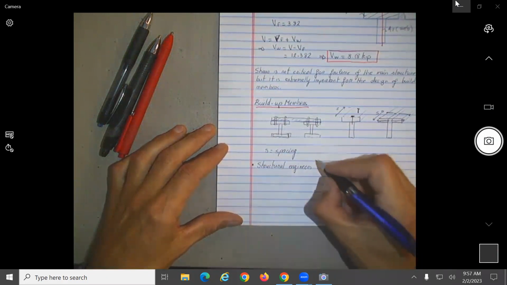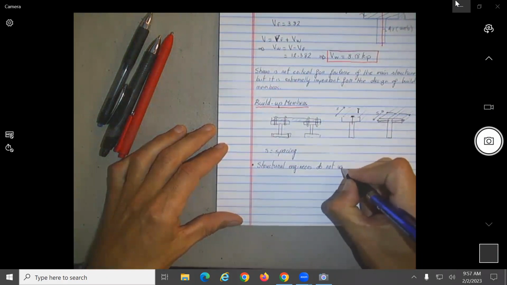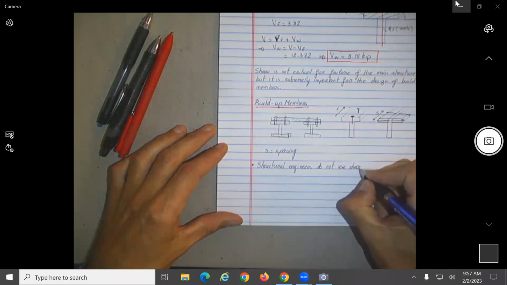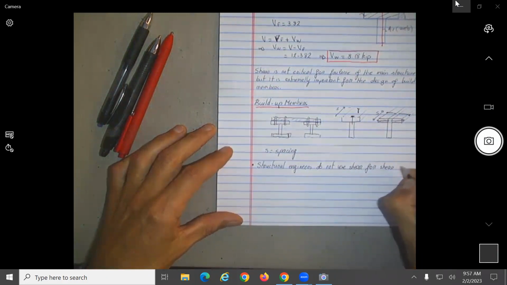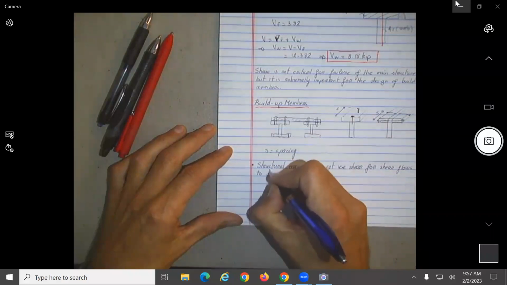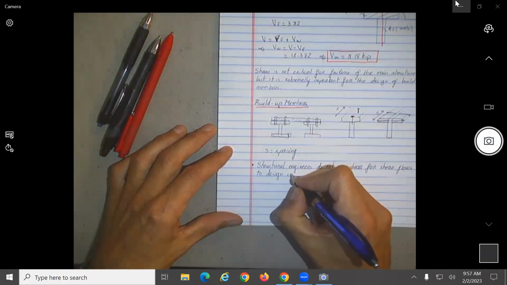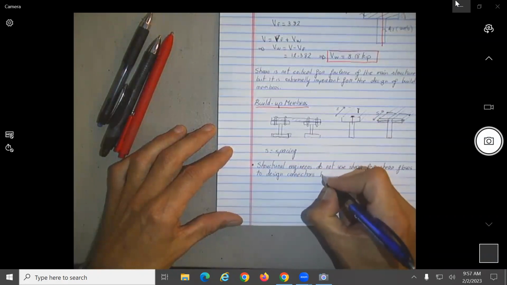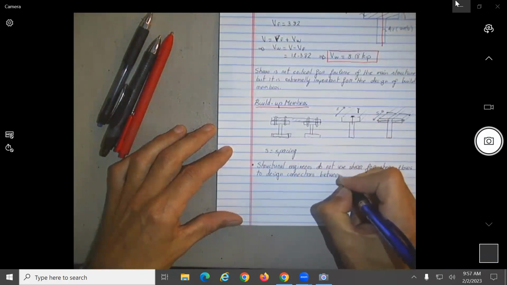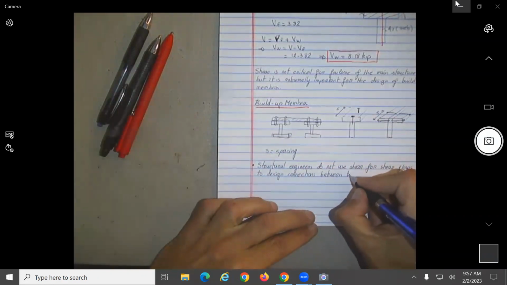So structural engineers generally do not use shear, but shear flow in connections between build-up members.